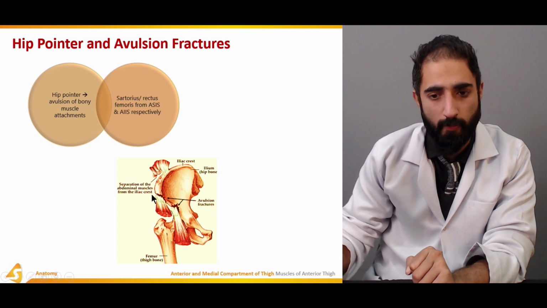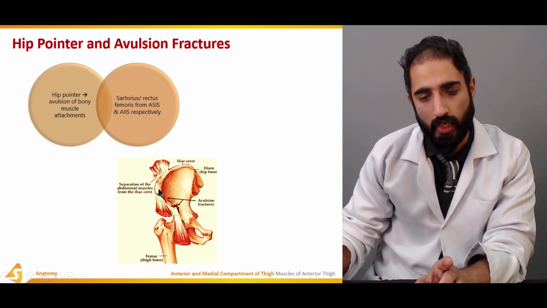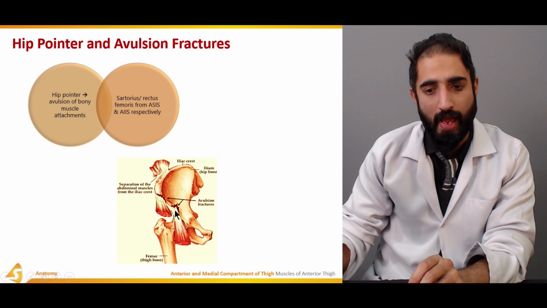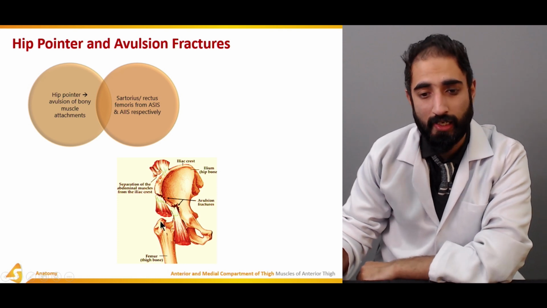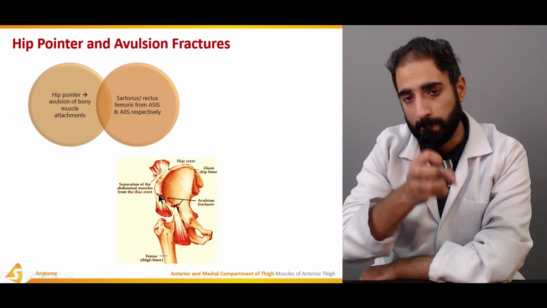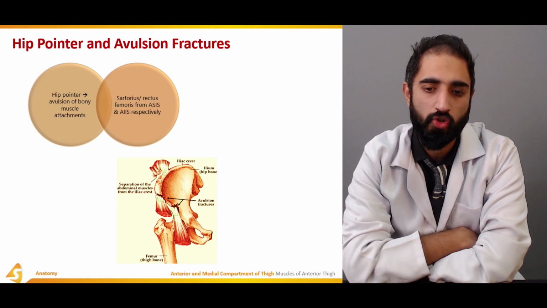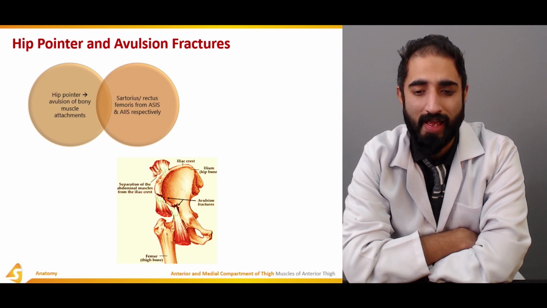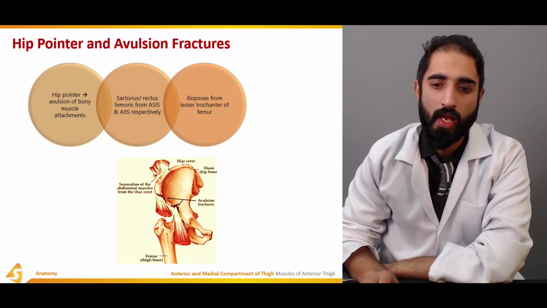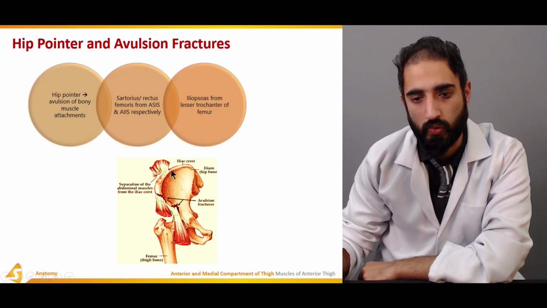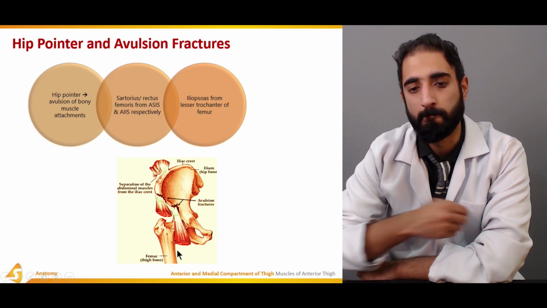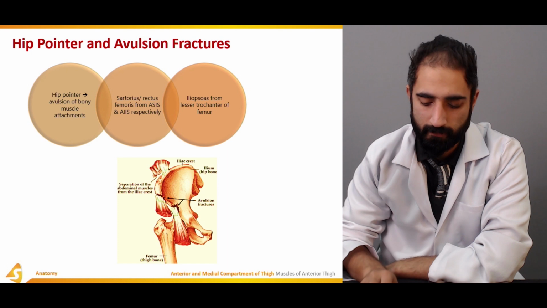You can see this is the proximal attachment of the sartorius at the anterior superior iliac spine, and here is the proximal attachment of the rectus femoris at the anterior inferior iliac spine, and they can both pull a chunk or segment of the bone at their site of attachment and lead to avulsion fractures. Also the iliopsoas, because it attaches to the iliac crest and iliac fossa and then to the lesser trochanter of the femur, can cause avulsion fractures in these two regions.